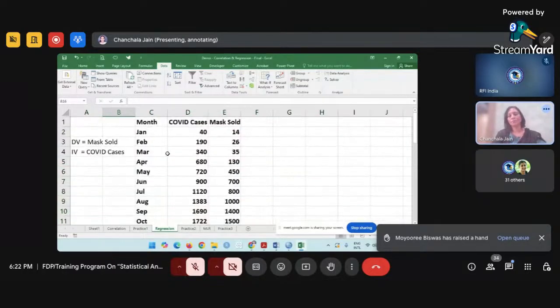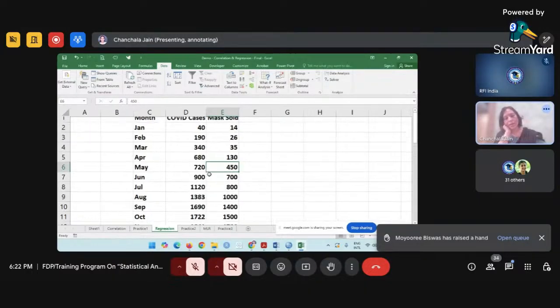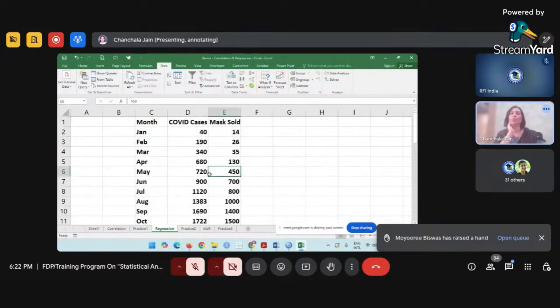Fine, everyone? Yes, ma'am. So here we have month-wise COVID cases and masks sold, right? For the entire 12 months, data is given to us.